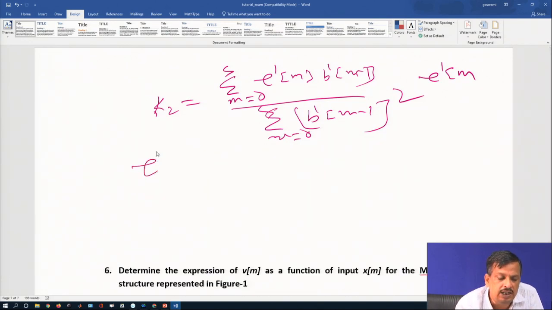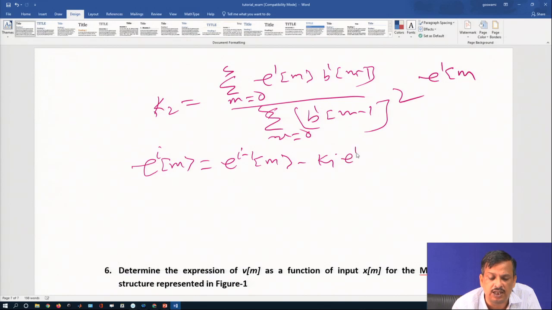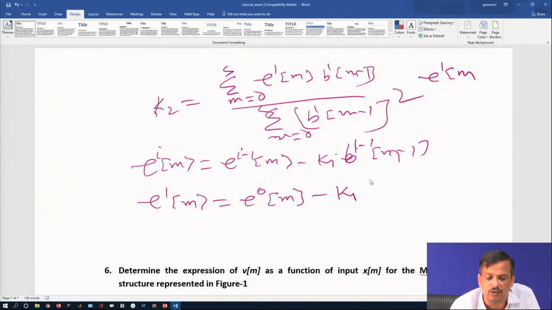I know Eim is equal to Ei minus 1 m minus Ki into Bi minus 1 m minus 1. So I can say that E1m is equal to E0m minus K1 into B0 m minus 1.